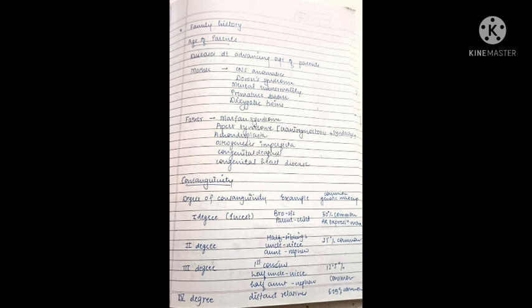So, degree of consanguinity: first degree, brother, sister, or parent and child. Second degree, half siblings, uncle, niece, nephew, aunt. Third degree, first cousins, half uncle and niece, or half aunt and nephew. Fourth degree, distant relatives.